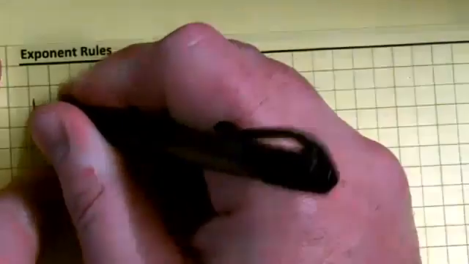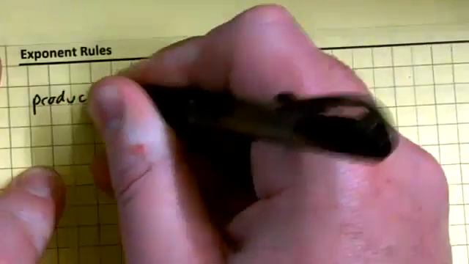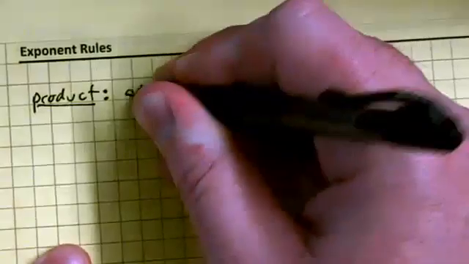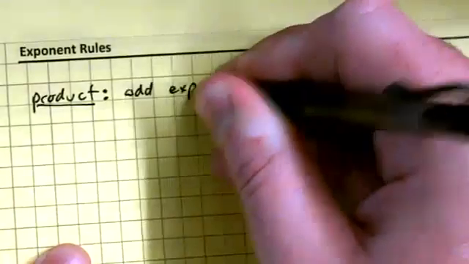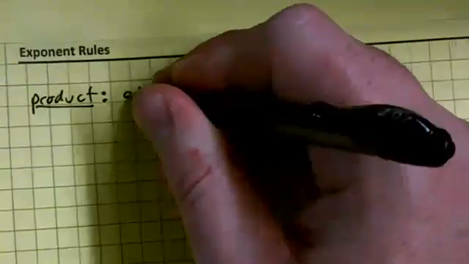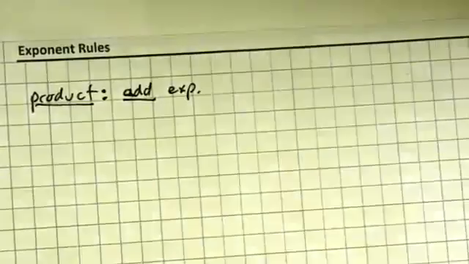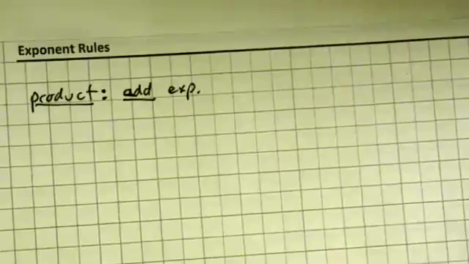So here's our product rule. We have a product for that, the exponents. And the exponents. So I'm going to give myself some examples.